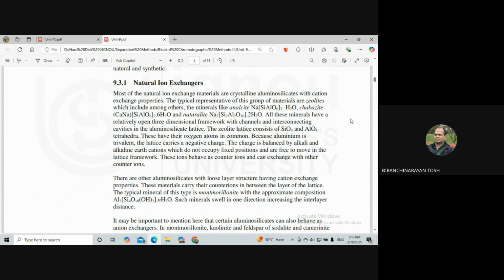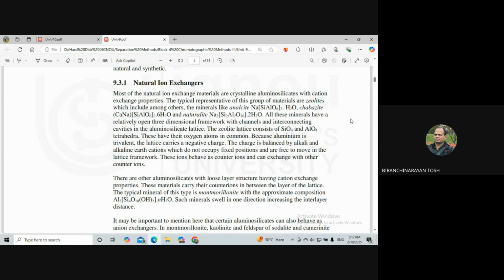And the aluminosilicates have a structure similar to silica, in which aluminum and silicon sit inside the cage and still some vacant space is there. So the zeolite lattice consists of SiO4 and AlO4 tetrahedra, as mentioned here. These have their oxygen atoms in common.